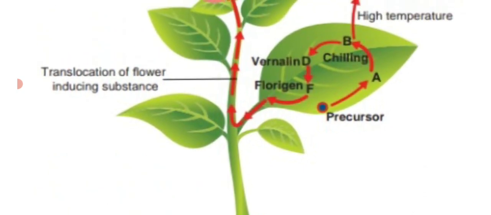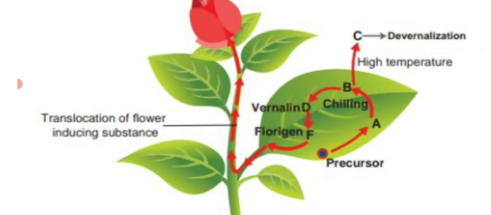It's a very important identification diagram. They'll give the diagram and they'll ask the question: write the name of the diagram. See, this is the leafy region. The leafy region has the ancestor known as the precursor.